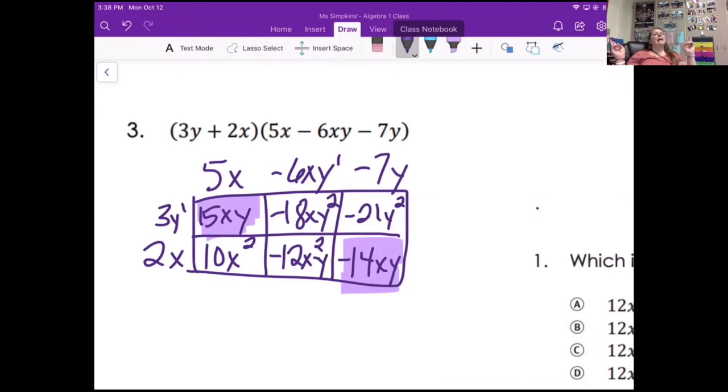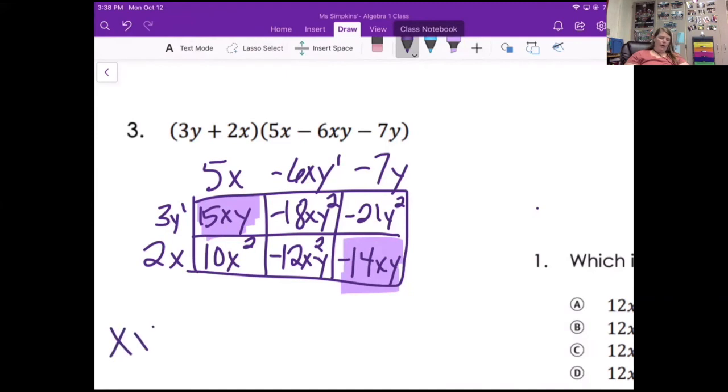I wouldn't say that there's a standard form for this question, only because there are 2 terms whose degree is 3. The xy squared would be degree 3 and the x squared y would be degree 3. So I wouldn't necessarily worry about standard form here. We just want to make sure we have all the terms right. So what is 15xy plus negative 14xy?